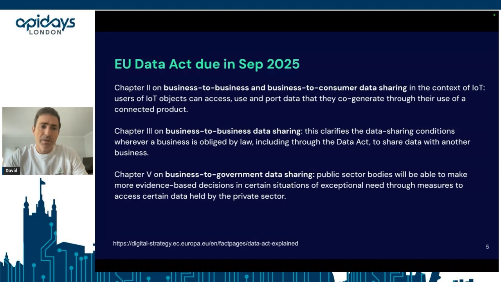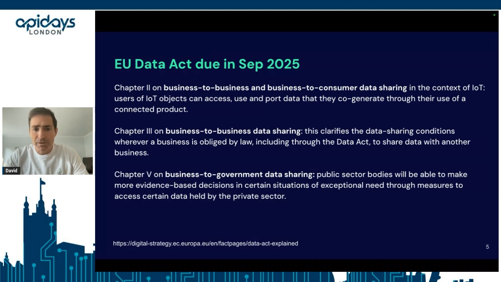Chapter 3 specifically addresses business-to-business data sharing, and it explains in which circumstances a third party, which in the context of the law is called a data user, as opposed to the original company that has traditionally held the data, which is called the data holder, can actually access the data.